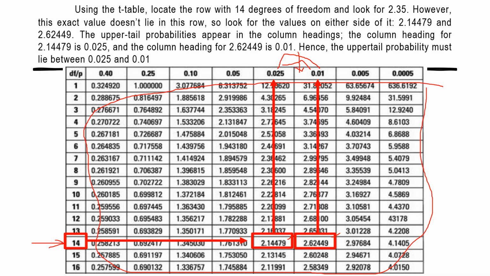If the computed t falls in the non-critical region, then you accept your null. If your computed t falls in the critical region, then you reject your null hypothesis.